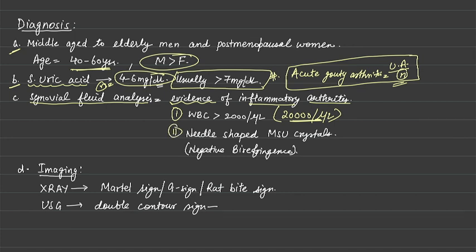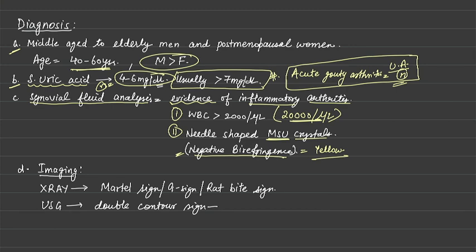Second, there will be needle-shaped monosodium urate crystals, which when seen under polarized light will show negative birefringence. Negative birefringence is: the crystals will appear yellow in color. There are a few crystal arthropathies in which there is positive birefringent crystal deposition.